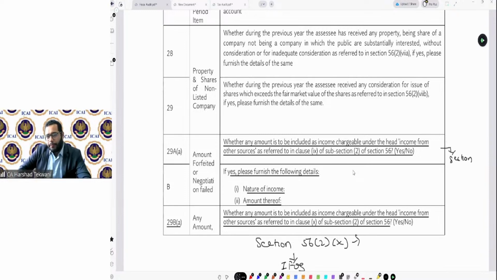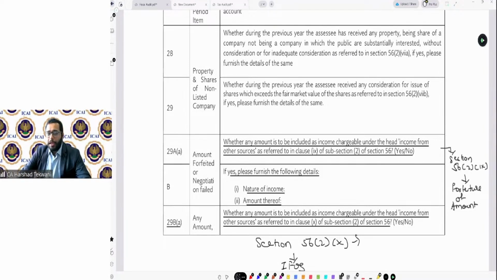Section 56(2)(ix) talks about forfeiture of the amount. Where any negotiation was going on for transfer of immovable property, and that negotiation did not materialize, or they were not able to complete the negotiations, and the amount was forfeited, the advance amount received was forfeited.